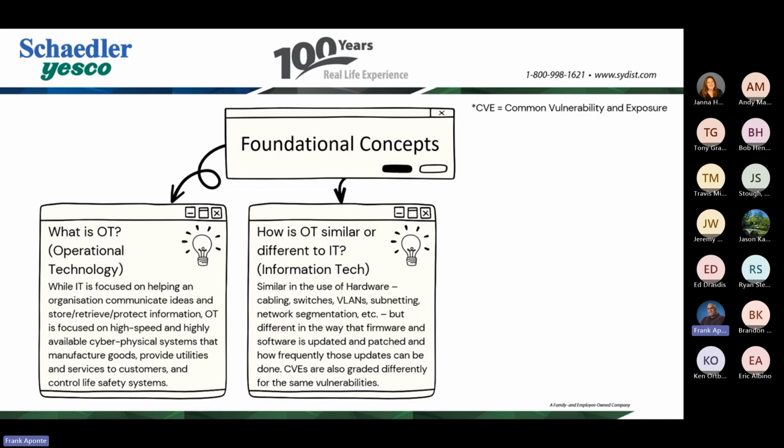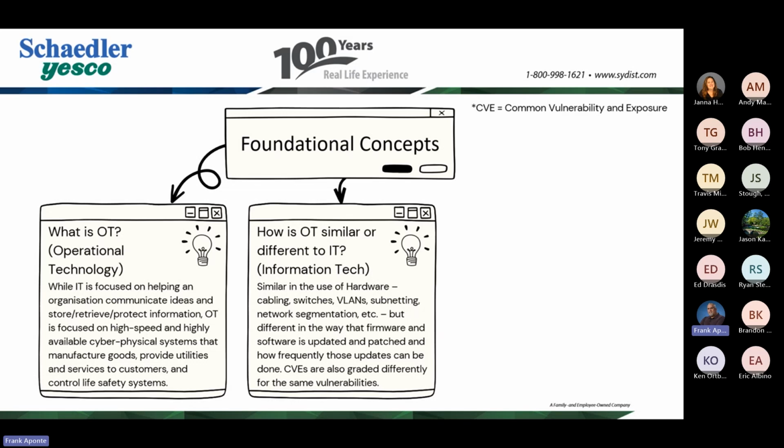But it's really different in the way that firmware and software are kept updated and patched and how frequently those updates can be done. CVEs, or as you see up there in the upper right corner of the screen, common vulnerability and exposures, they're graded differently. So you may have some sort of Microsoft CVE come out for, say, DCOM, which was one we had a couple of years ago.